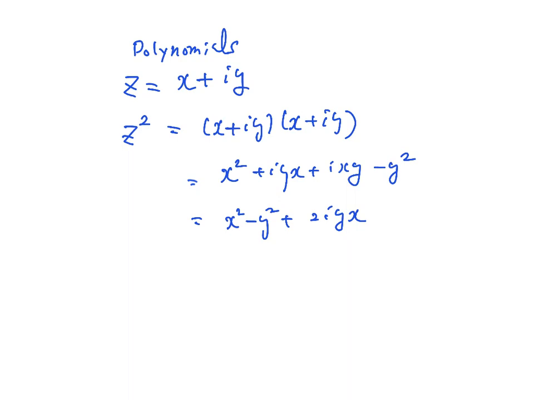So you can define the polynomial of z, or z to the power. Z cubed is z squared times z: (x squared minus y squared plus 2ixy)(x + iy).